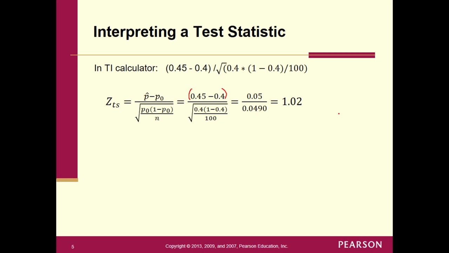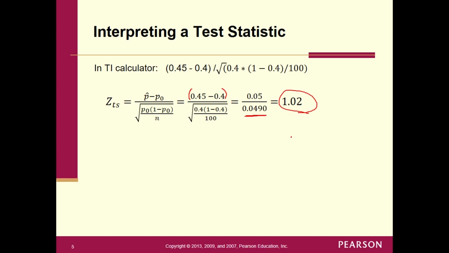Word of warning here. Remember I told you back in, I think it was chapter 2, that we rounded our z-scores to 2 decimal places. That is absolutely true right here. The reason is that we're going to use our standard normal table to figure out some p-values in a little bit. Here's the word of warning: when they say round to 2 decimal places, they mean this final answer right here. Notice I took this out to 4 decimal places.